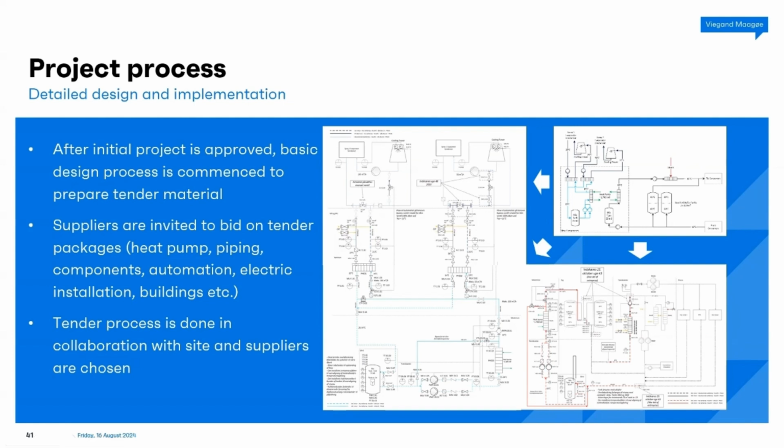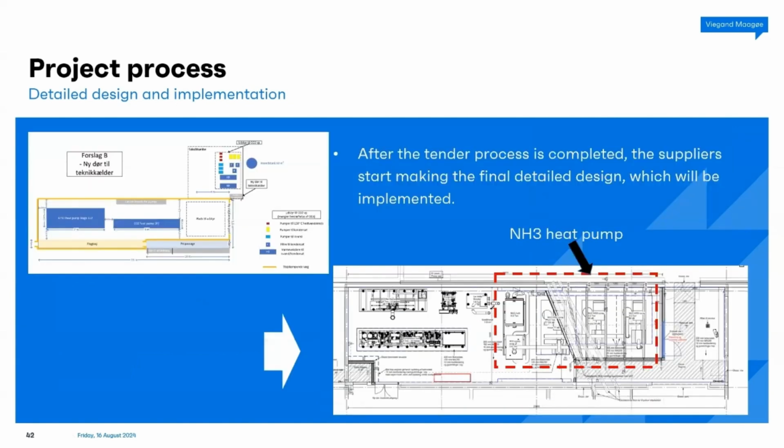Then when we got back the offers from the tenders, we could also use the mapping to evaluate the different offers, such as the efficiency of the proposed system. What are the consequences of using these different offers in this system? Does it conflict? Do we have sufficient capacities? And so on and so forth.